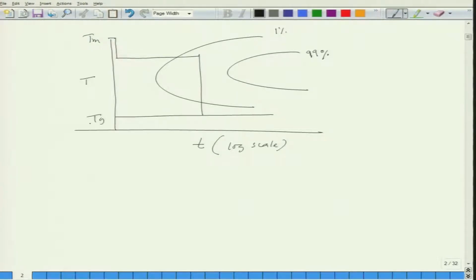This is my Tg. So, I quench it to T1, let us say this line is touching 20% line. So, now I quench it to T1, hold it for this much of time and then quench it, and remember during quench, even if it is touching some other line, that should not be considered, because during quenching you are not allowing any atom transfer or atom migration.